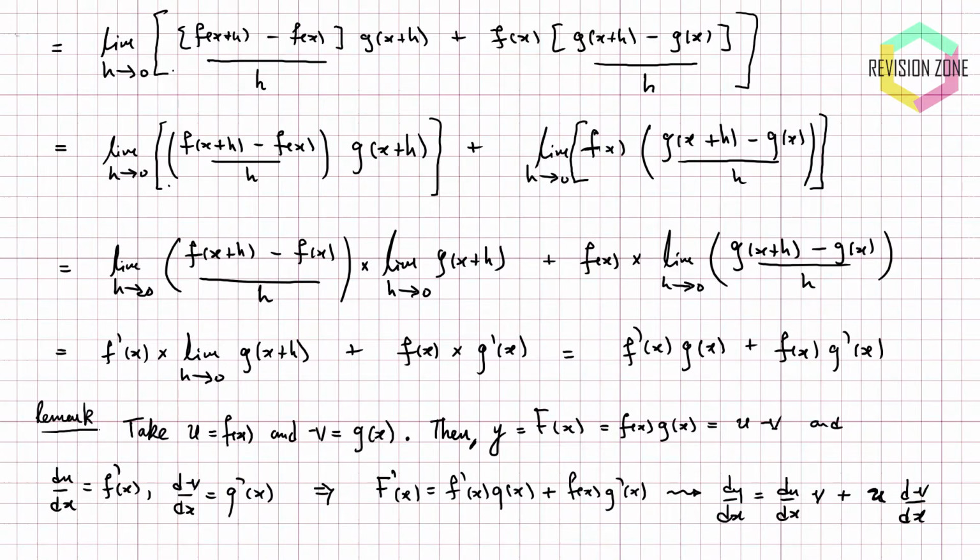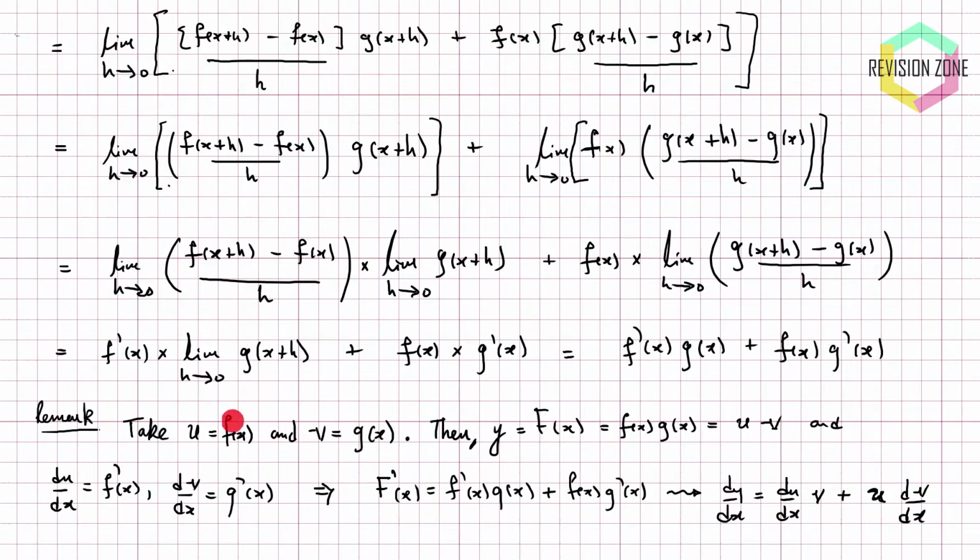It is worth making a remark here, because differentiation has at least two sets of notation, the Newtonian notation and the Leibniz notation. It is worth seeing what the product rule would look like in Leibniz notation. And we can easily go from Newton's notation to Leibniz notation by just defining certain things.